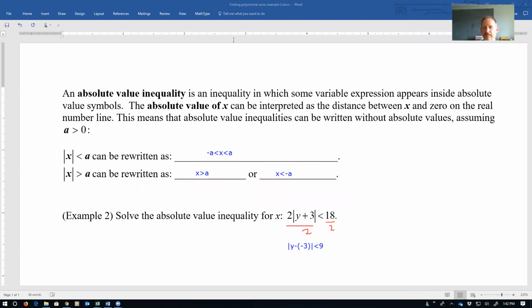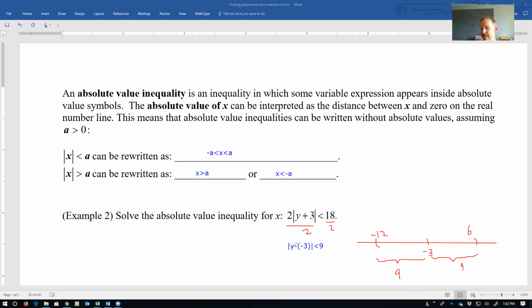What this is saying on a number line is that the distance between some number y and negative 3 is less than 9. So intuitively, I can write it like this. My negative 3 is going to be my middle point. If I go to the left 9, I have my left endpoint. That's going to be negative 12. If I go to the right 9, that's going to be my right endpoint. So adding 9, I would get a 6.